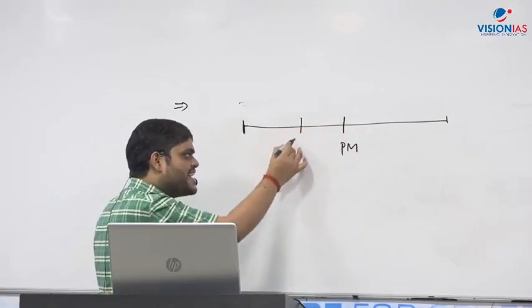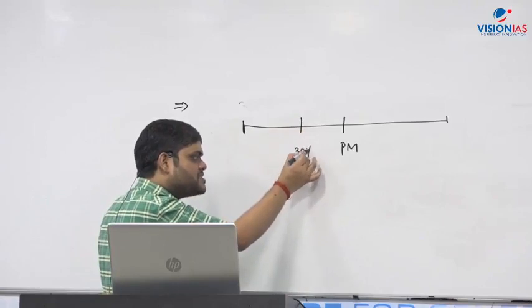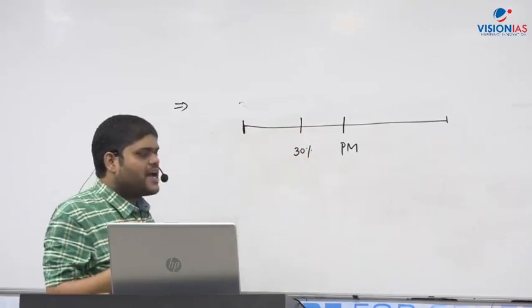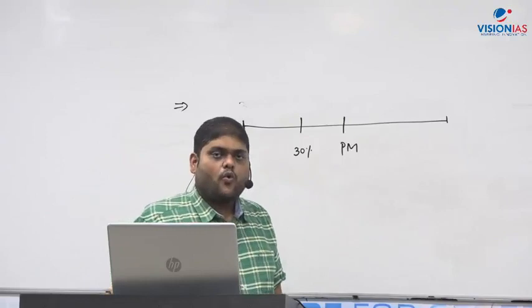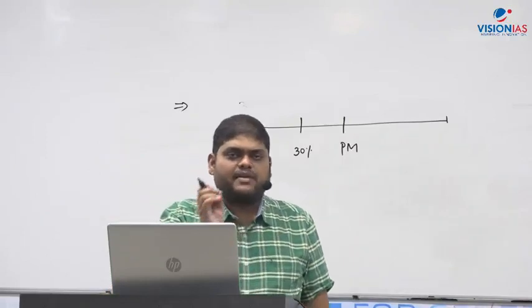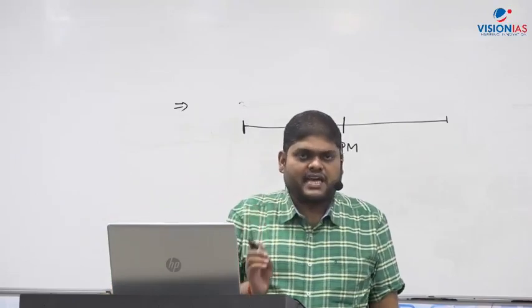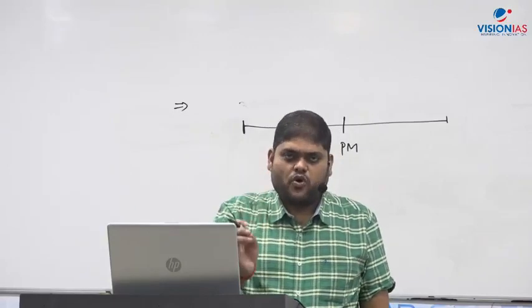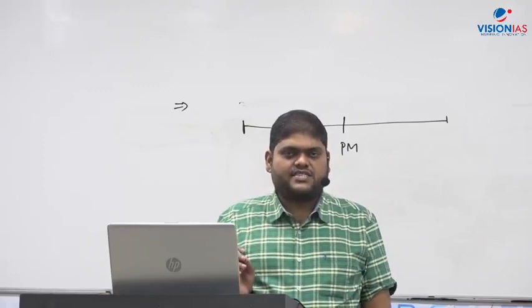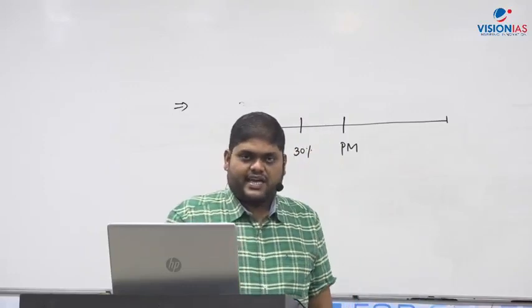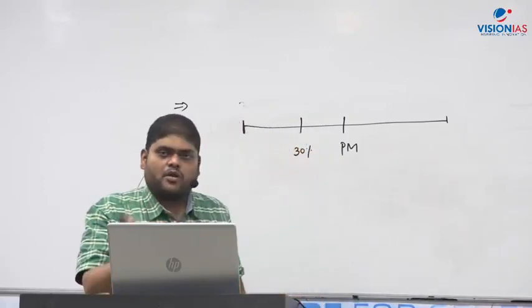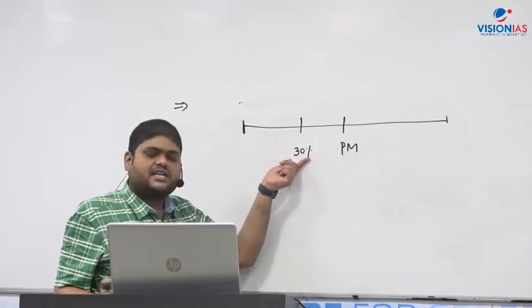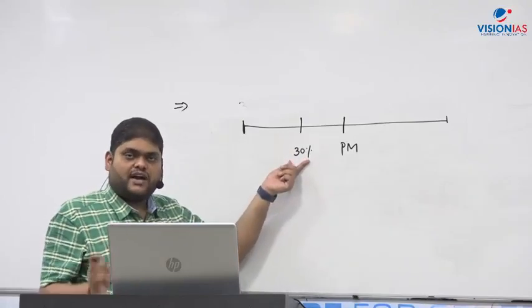Ram is getting 30% marks and he failed the examination by 10 marks. What is the meaning of failing the examination by 10 marks? The meaning is, if he would have got 10 more marks apart from 30%, he would have passed the examination.